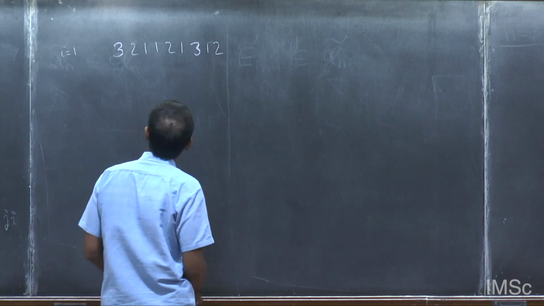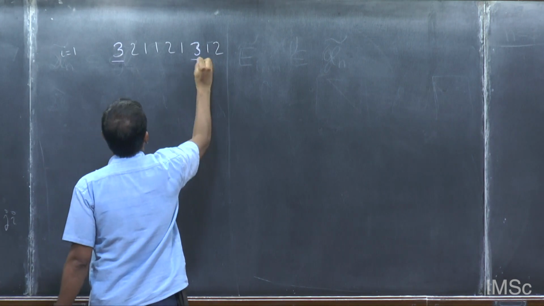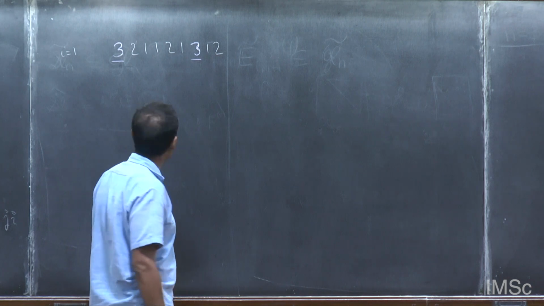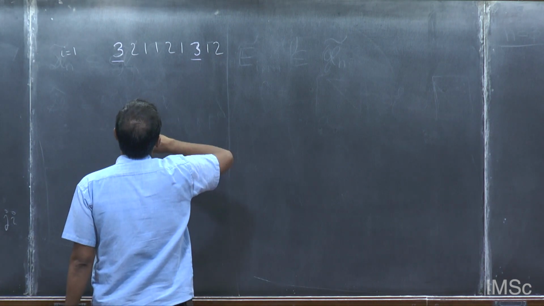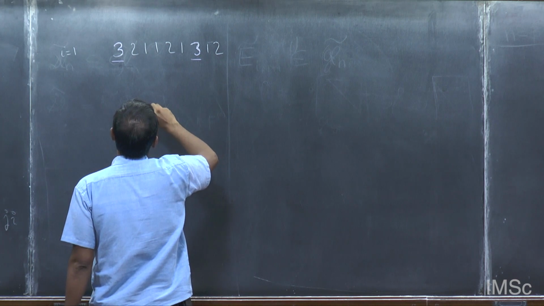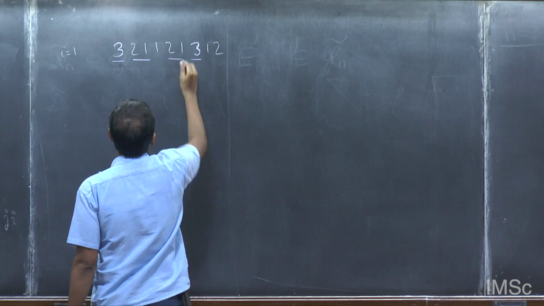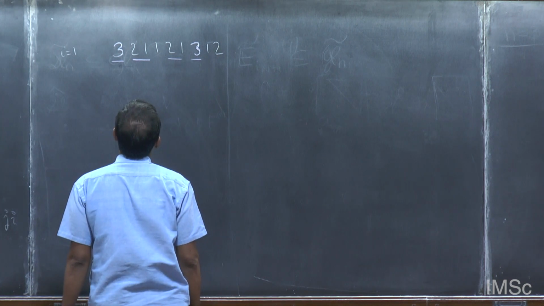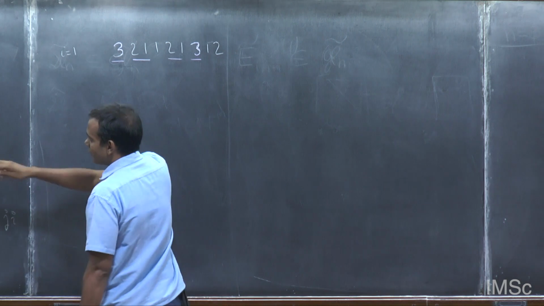So, now let us look at the unfrozen part. Maybe I will just underline it, that is more visible. Now I will scan it, and every time I see a segment of the form 2,1, I will freeze it. So, here is a segment of the form 2,1 and here is a segment of the form 2,1, and I have frozen it, and now I go back.